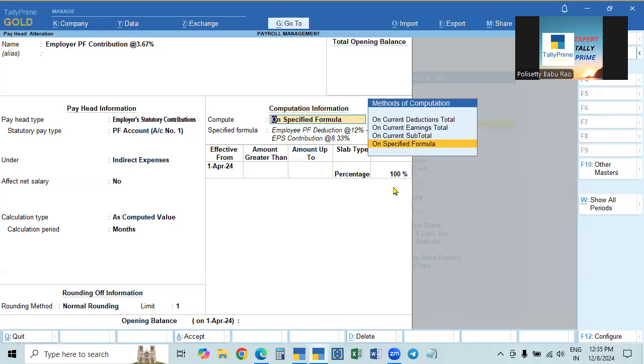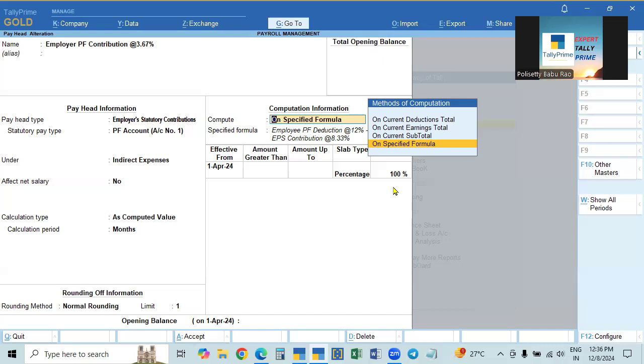Already, the total contribution is 12%. So in the 12%, 8.33% is already contributed to the EPS. So the balance amount, that is, what is the amount of 8.33% calculated? If the salary is less than 15,000, 8.33% of the amount is to be calculated. So 12% is already deducted from him. From the 12% amount, you deduct the calculated 8.33% amount.